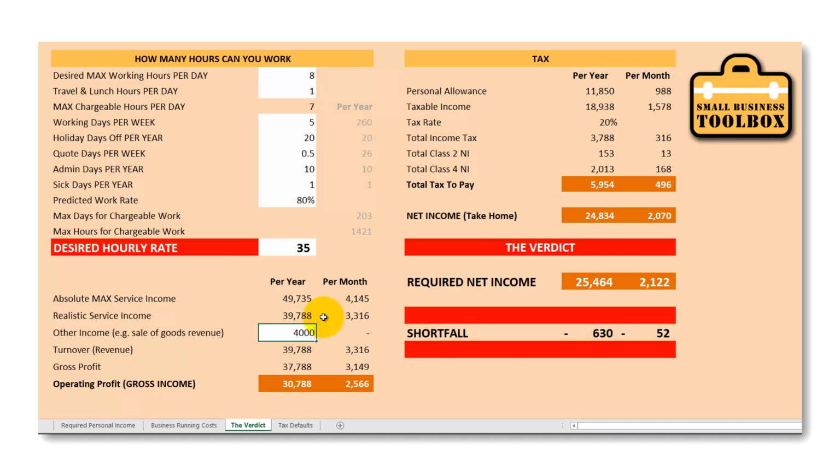So, that's another way that you can bring money in to the business, obviously, is not just through the service revenue. So we've made an extra £2,000 a year now by charging the customer for the paint, which means our hourly rate could potentially come down a bit. Oh, too far. 33. £33 an hour is now your minimum.